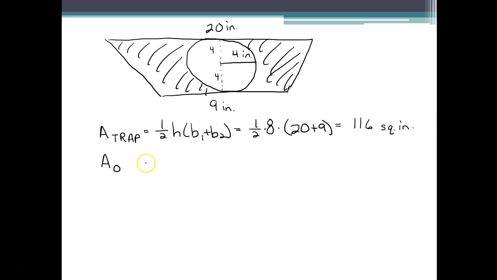And then for area of the circle, pi r squared. So pi times 4 squared, 16 pi. So that's around 50.26548246.